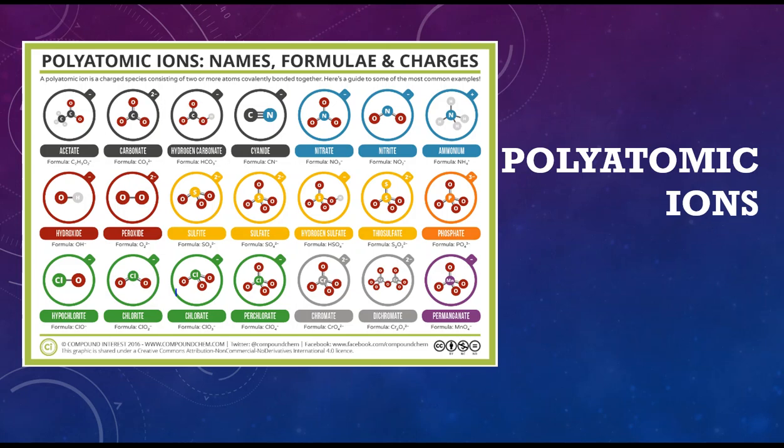There's a couple that as a group lose electrons and become cations. There's only a few polyatomic cations. The majority that you're going to be looking at in the scope of our course are going to be anion polyatomic ions. So basically, you can see on this graphic, these ones are bonded, okay?